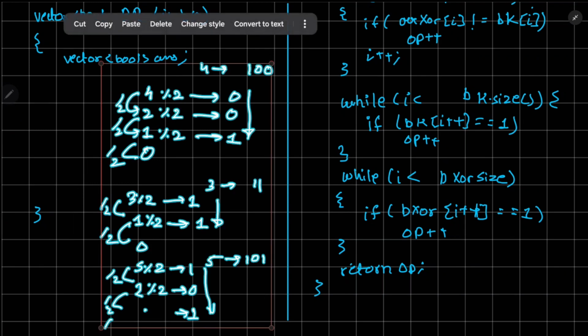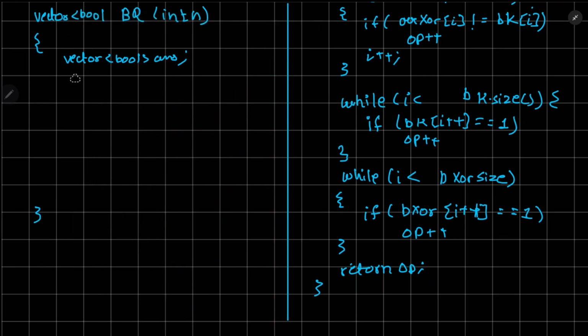Okay, so let's do it. We will make a loop here. So while our n, that is this number, is not equal to 0, what we will do is we will take the mod here. So let's say int current is equal to n mod 2, and then we divide n by 2, so n divide equals 2.